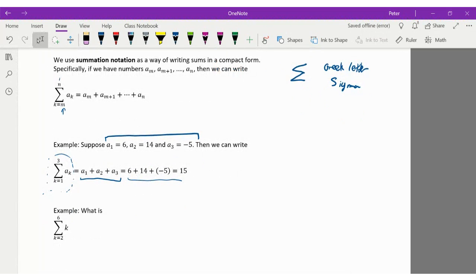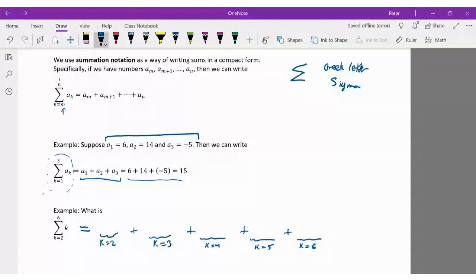Here's a good example: what is the sum from k equals 2 to 6 of k itself? Here I'm going to go from 2 to 6, so this is going to be k equals 2, k equals 3, k equals 4, k equals 5, and k equals 6.